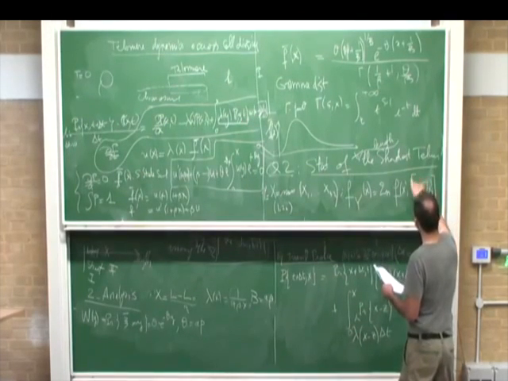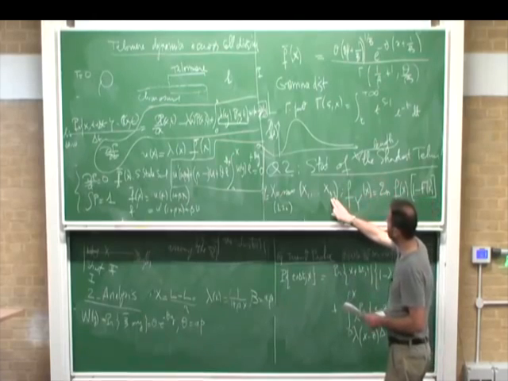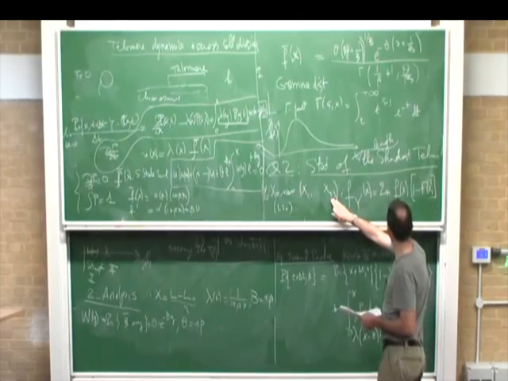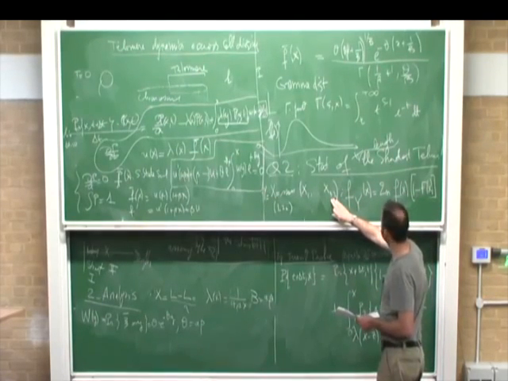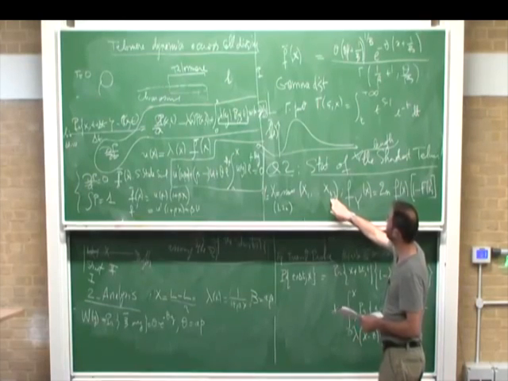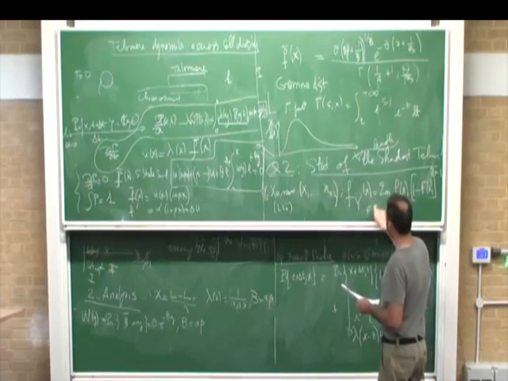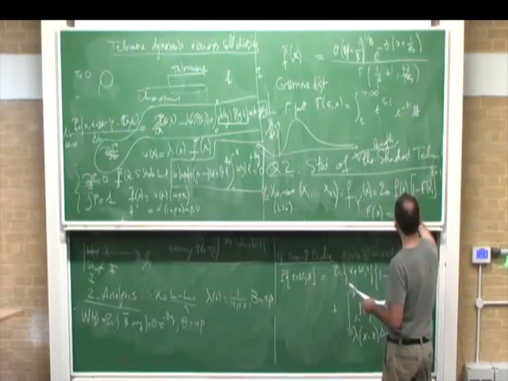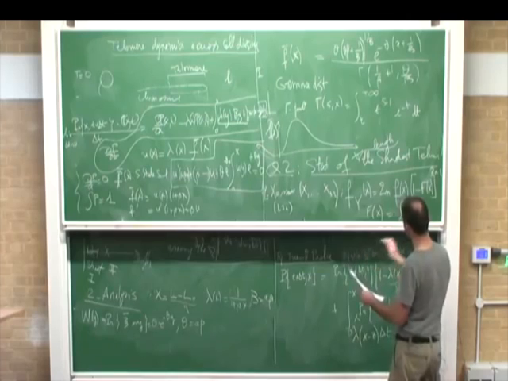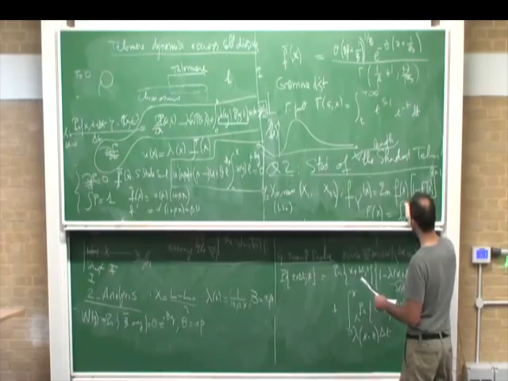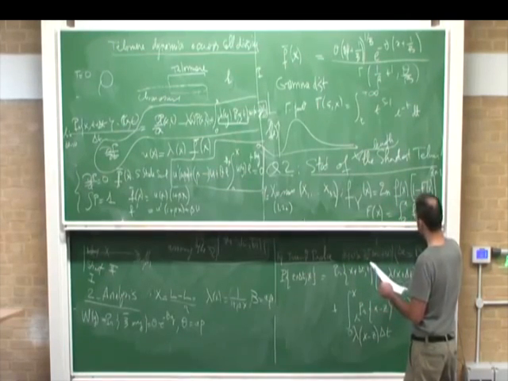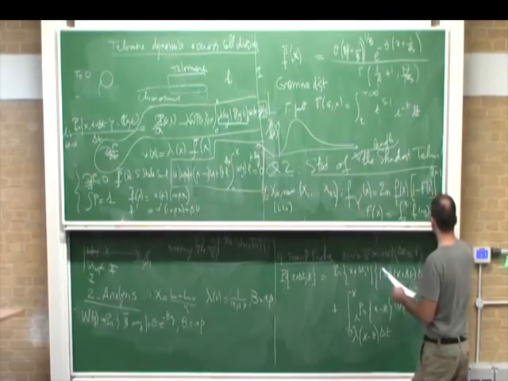And because they are independent, it is to the power 2n minus 1, where F of x is the integral from 0 to x of f of y dy.